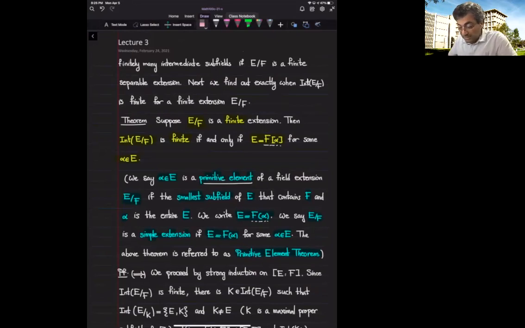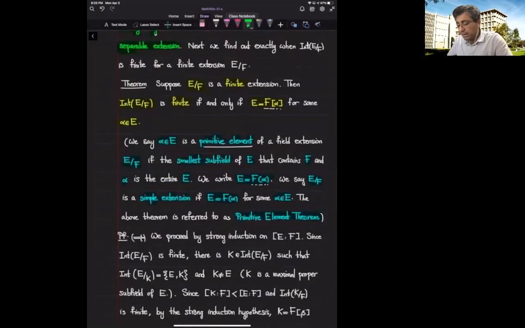In the previous lecture, we've seen that this number of intermediate subfields is finite when E over F is a finite separable extension. So if E over F is a finite separable extension, then there are only finitely many intermediate subfields for E over F. Now we want to find out exactly when this phenomenon happens.